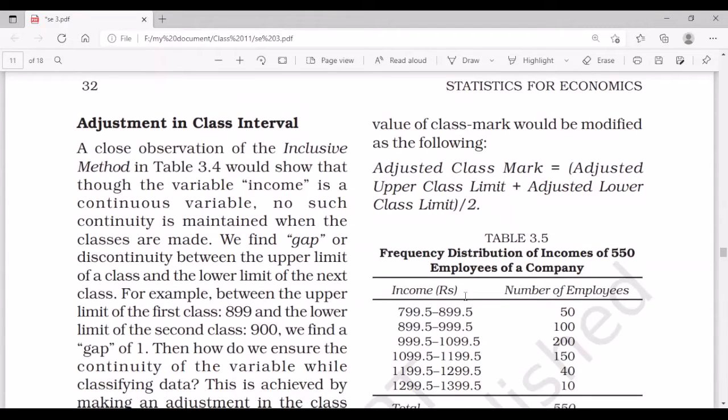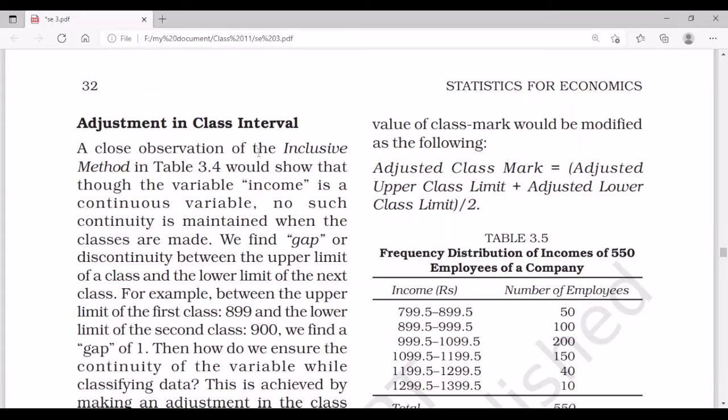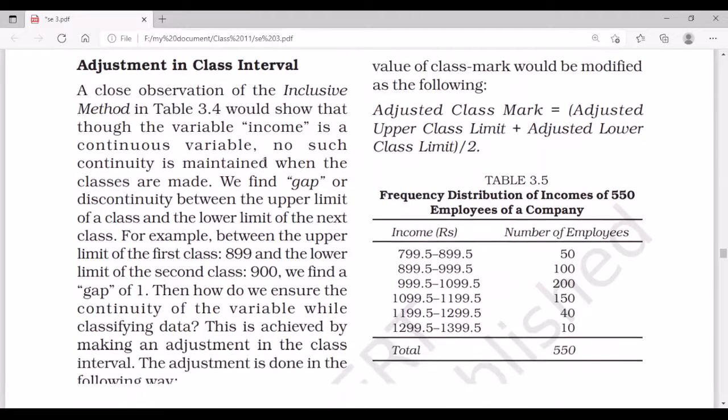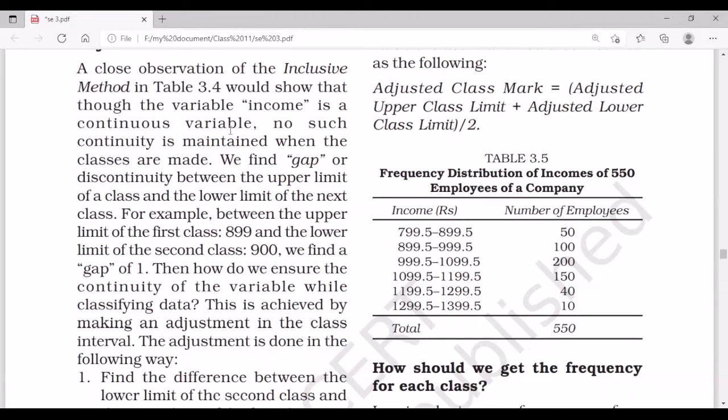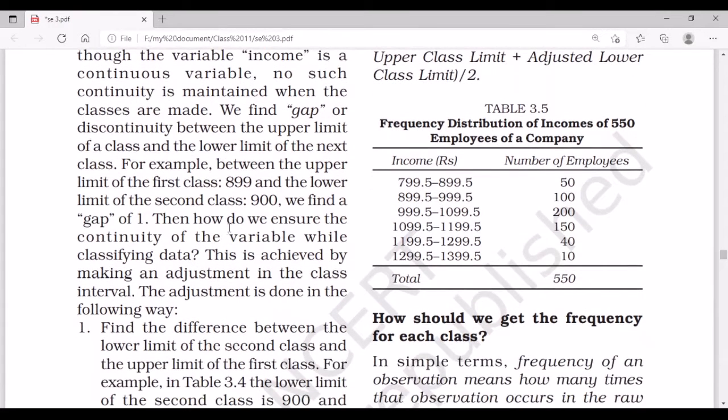Now, adjustment in class intervals. A close observation of the inclusive method would show that though the variable income is a continuous variable, no such continuity is maintained when the classes are made. We find a gap or discontinuity between the upper class limit and the lower class limit. Okay, what is inclusive?